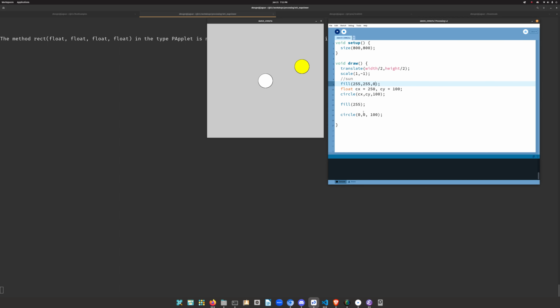All right, so this is what we're going to do. We are, of course, going to draw. No, we're always going to draw it at 0, 0. All right, let's do it this way. How are we going to draw the sun?